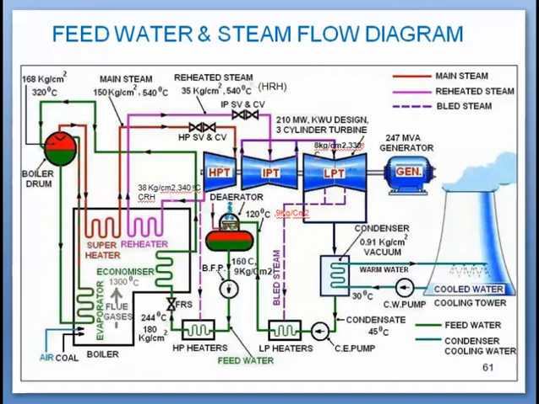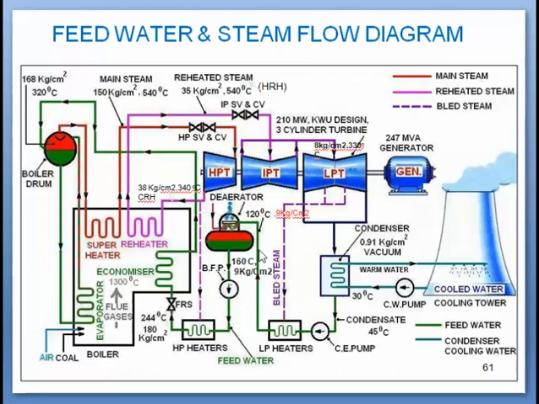Here you can see the condensate, or feed water, is extracted by the condensate extraction pump. It passes through the LP heater where the first regeneration process takes place. For heating it, the extraction comes from the LP turbine. So here there is a sensible heating of the feed water.